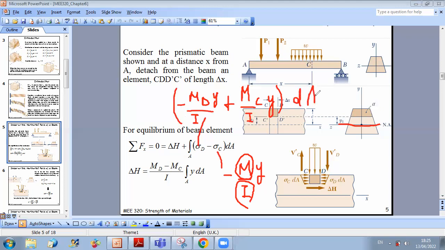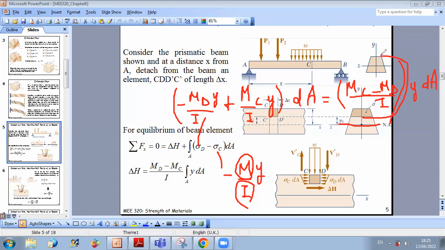Now taking y as a common factor between the two terms, I get that this is equal to (M_C minus M_D) over I times y dA. And of course, as we discussed, (M_C minus M_D) over I is constant.